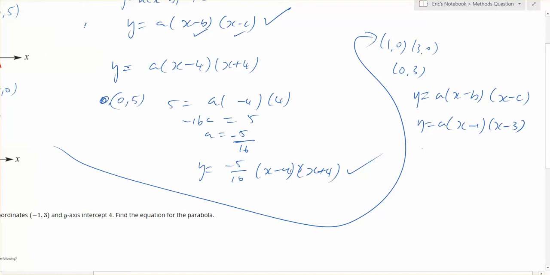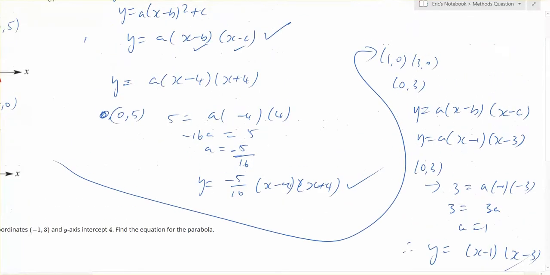We sub in the y-intercept and we get 3 equals a, where x is 0, so negative 1, negative 3. So 3a equals 3, a equals 1. So therefore our equation would be y equals (x minus 1)(x minus 3). And we're done.